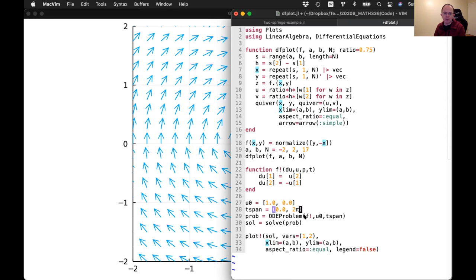We write down our differential equation here, that's the problem, then we solve the problem, get a solution, and plot the solution on top of the original plot using the variables 1 and 2. This will plot x and y.